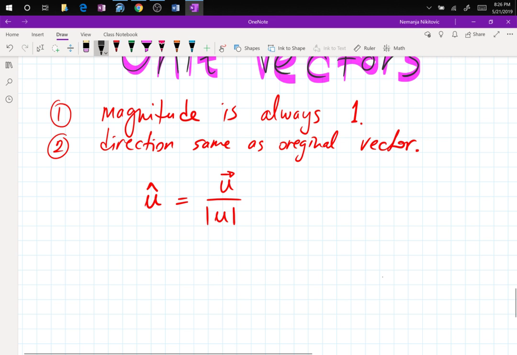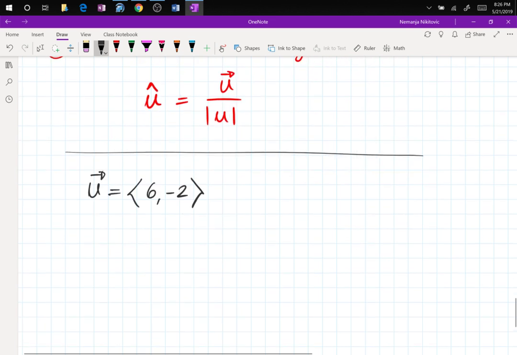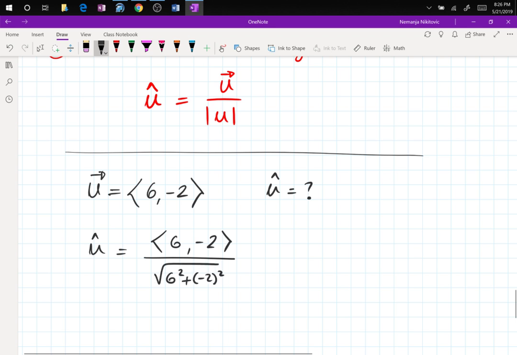Let's take a look at an example. Say vector u is 6 and negative 2. What is the unit vector u hat? Well, u hat is going to be the original vector 6, negative 2 divided by the square root of 6 squared plus negative 2 squared, which is the magnitude.